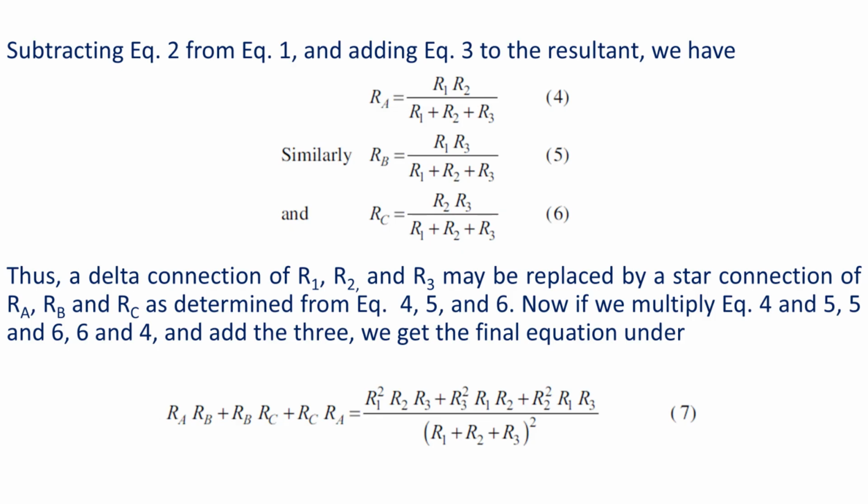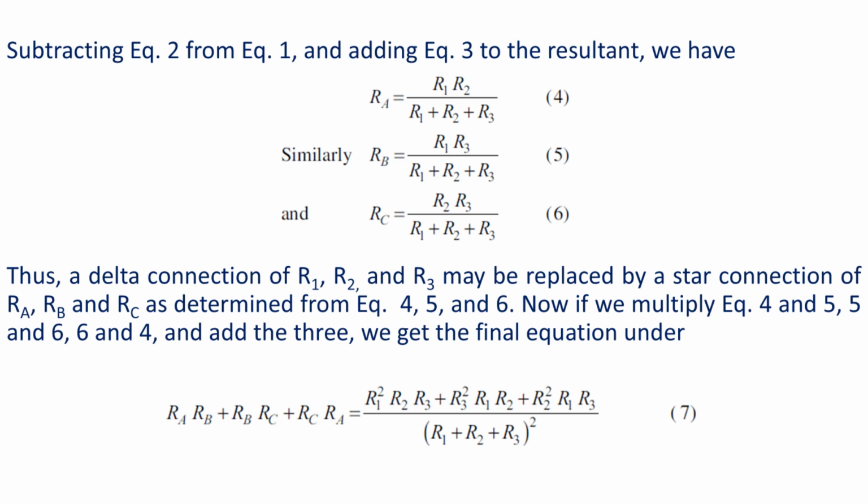Similarly, RB and RC. Thus, a delta connection of R1, R2, R3 may be replaced by a star connection of resistors RA, RB, RC as determined from equations 4, 5, 6.